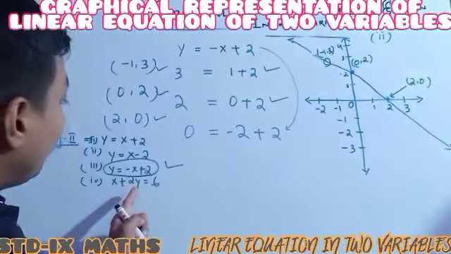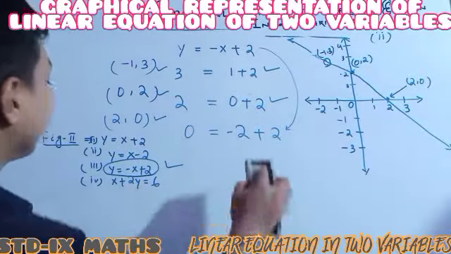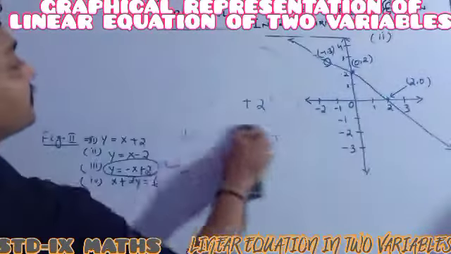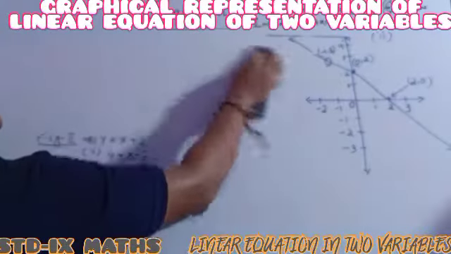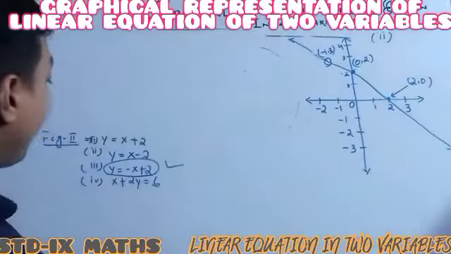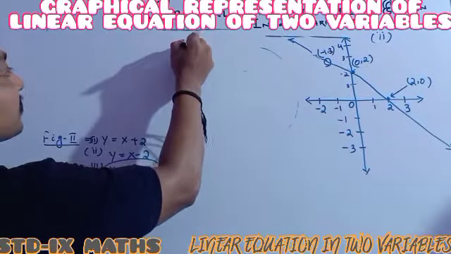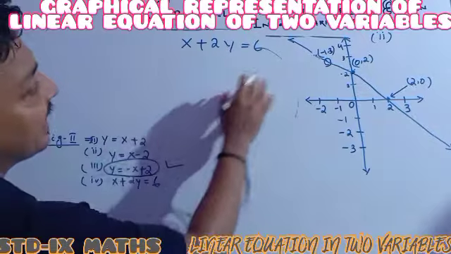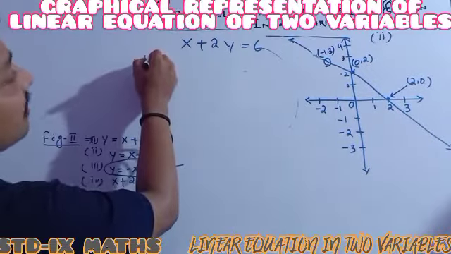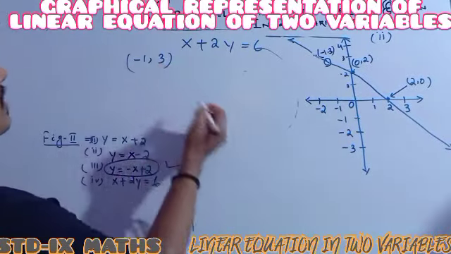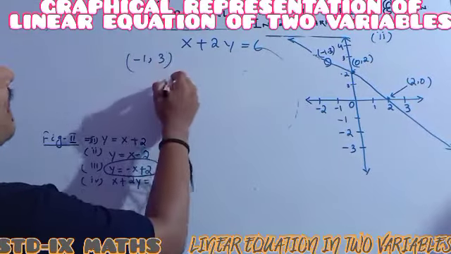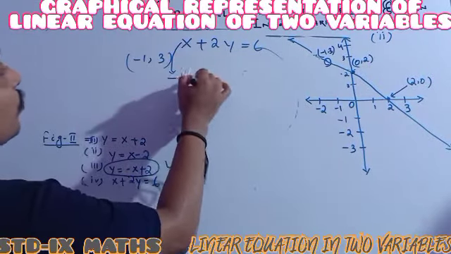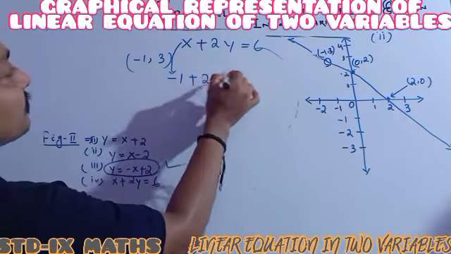Also for your knowledge I am checking it for IV. See, in IV it is given that x plus 2y is equal to 6, and I want to check it for minus 1 and 3. Is it a solution or not? On the left side I am putting x equal to minus 1, y equal to 3.